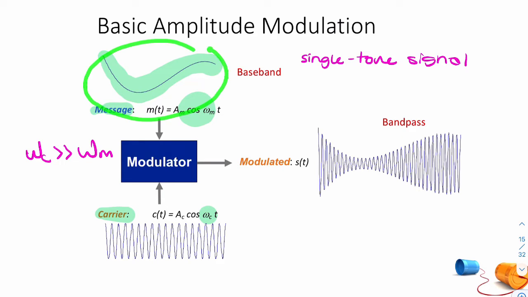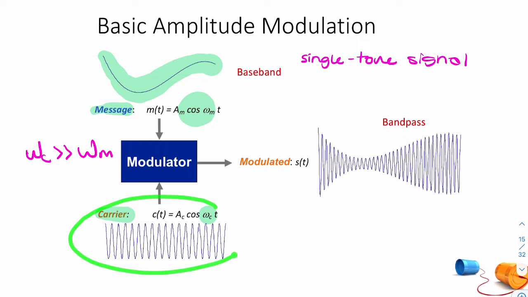This message contains information. This carrier contains no information. It's simply a constant amplitude, high frequency signal. Something happens in here. We call that process modulation.